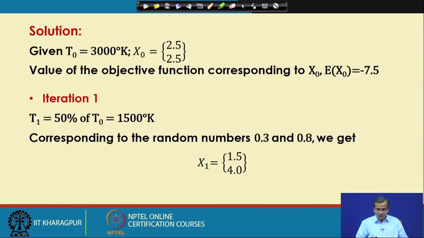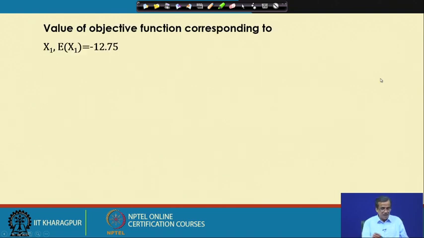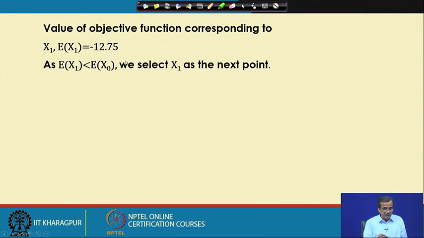Now, E x 0 was how much? Minus 7.5 and E x 1 is minus 12.75, and if I compare, we can find out that E x 1 is less than E x 0. That means, E x 1 is a better solution.